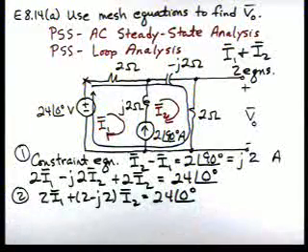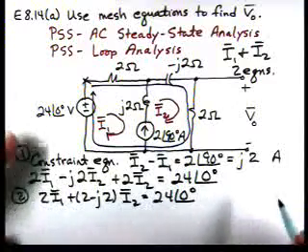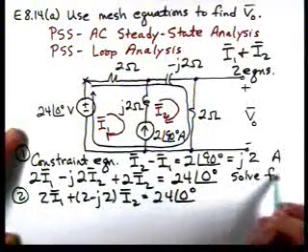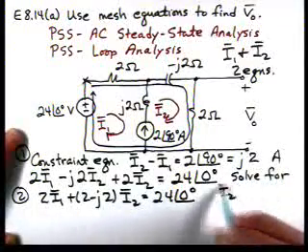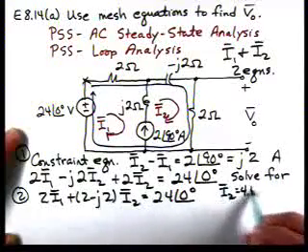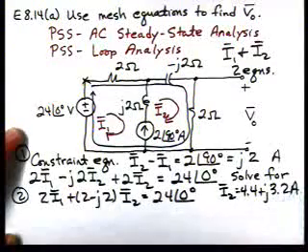And we only need the current I2. So if we solve for I2, we'll get 4.4 plus j3.2 amps. So now that's I2.